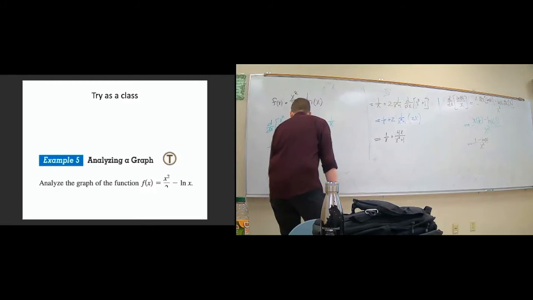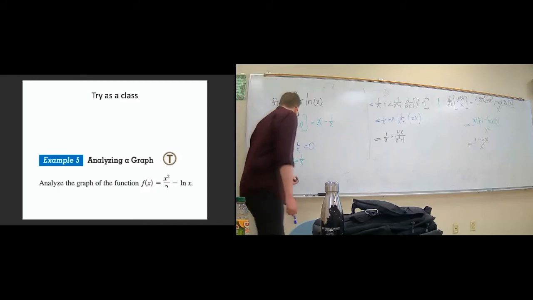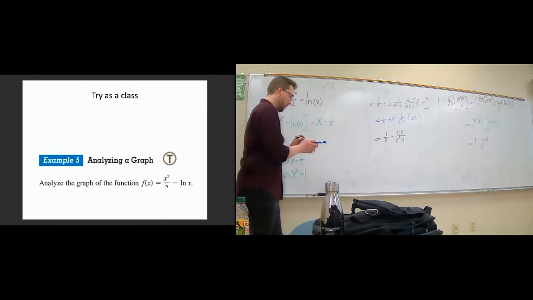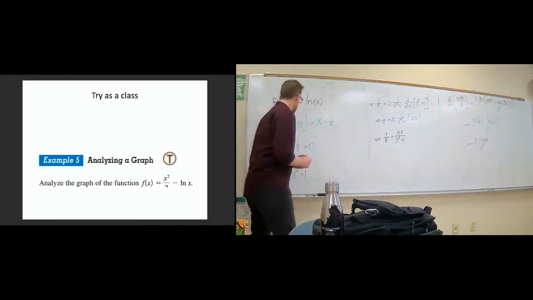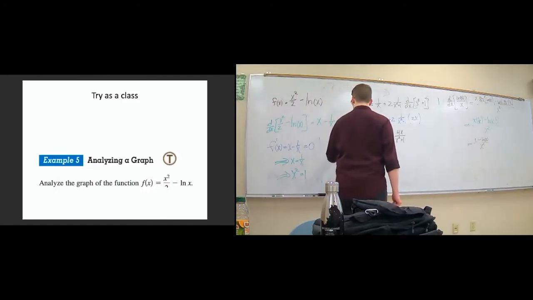So multiplying both sides by x, we get x squared is equal to 1. Now solving that, that's going to give us x is equal to plus or minus 1.